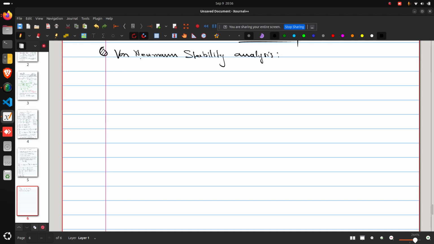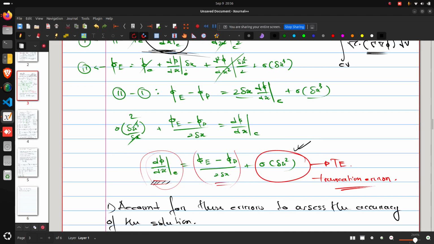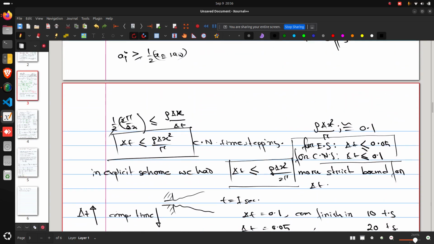In the lectures, sir has done this for the explicit scheme, and if you have followed the lectures, sir also showed that we reach a condition like this.